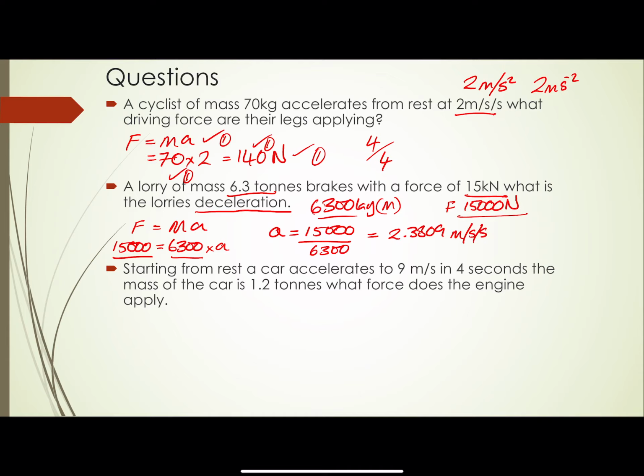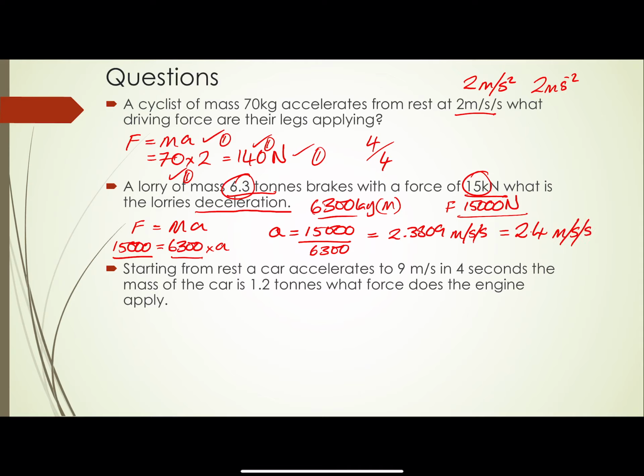However, if I leave it like that, I won't get the correct answer because I need to check back and see what significant figures are in my question. And I can see here I've got two significant figures for the tons, two significant figures for kilonewtons. So I need my answer to be in two significant figures. So I get 2.4 meters per second per second.